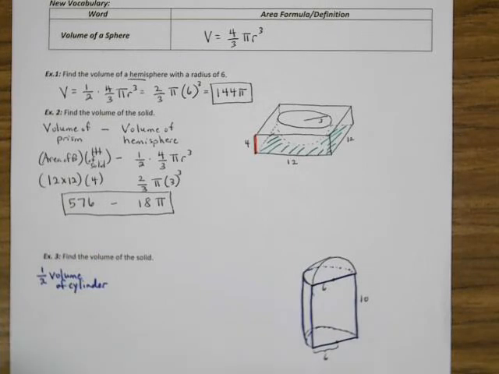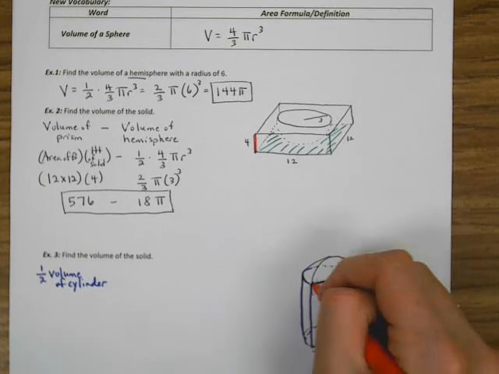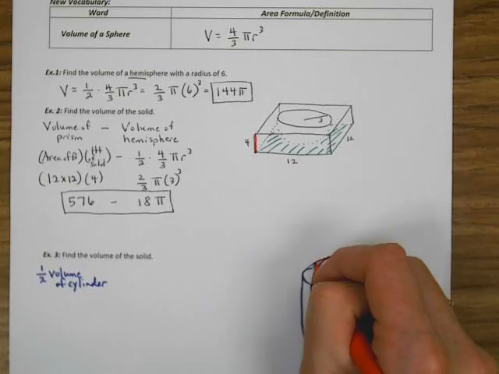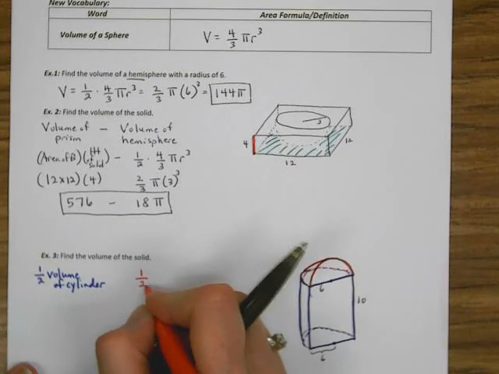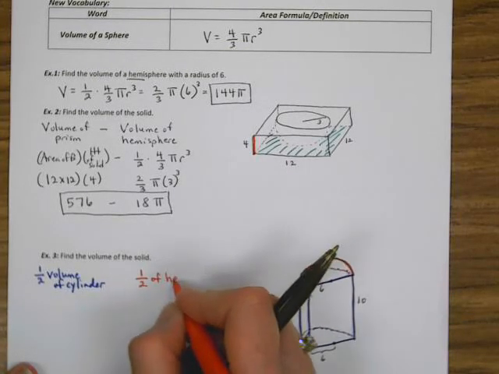Looks like it was sliced right down the top. And then on top, we have this shape right here. Hopefully you can realize that is half of a hemisphere. So we have half of a hemisphere.